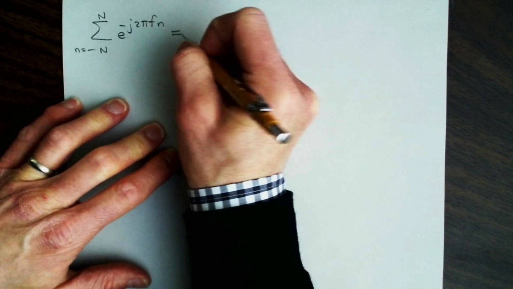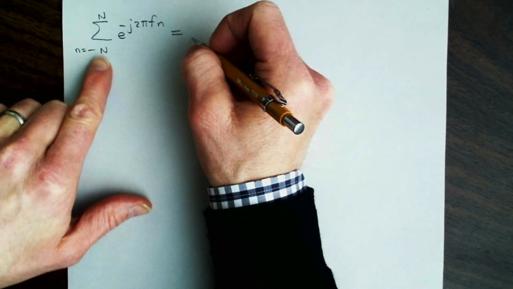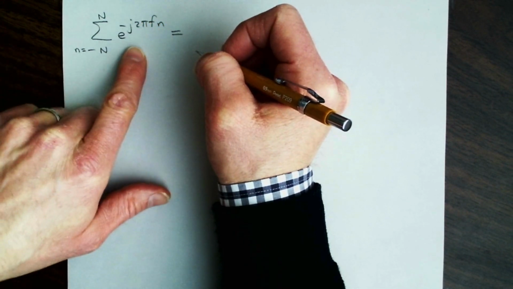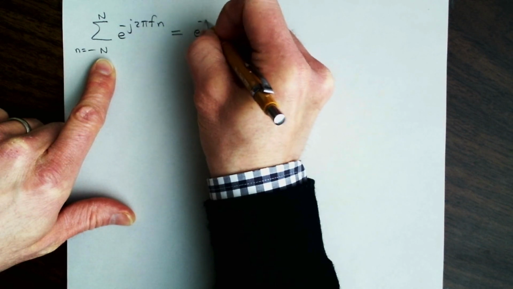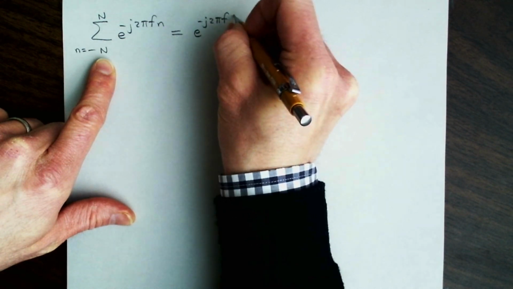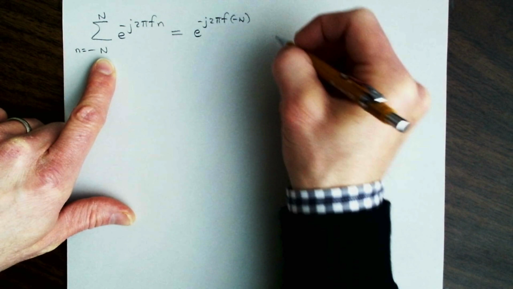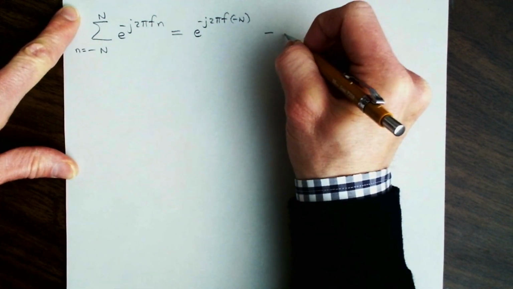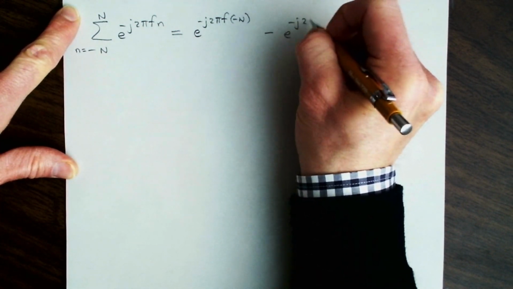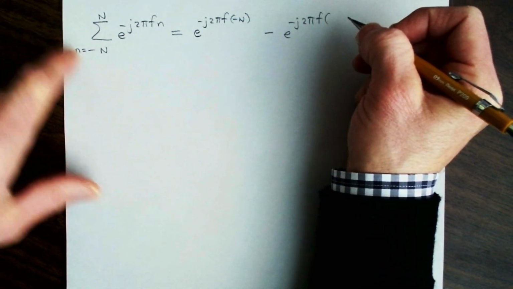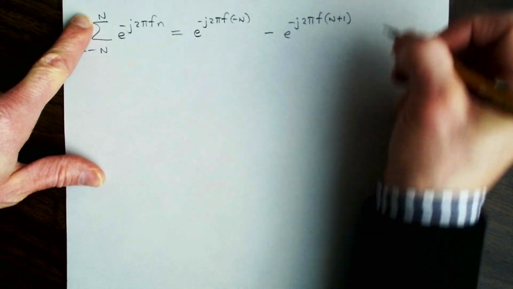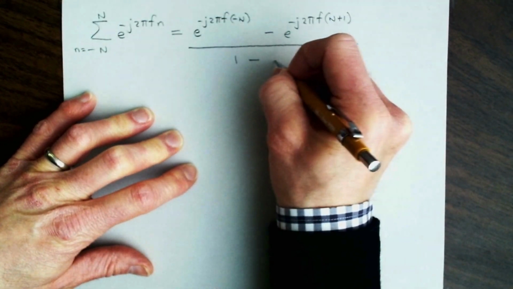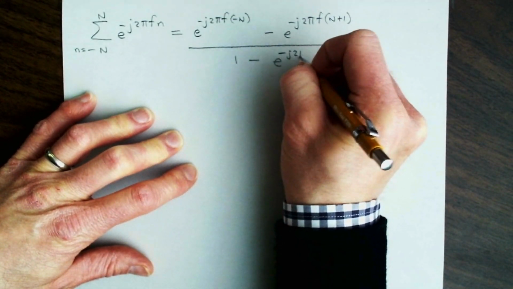Using the formula that we just learned, we evaluate this exponential function at the lower limit, so we have e to the minus j 2 pi f of negative n. Then we'll subtract that from e to the minus j 2 pi f, and now we're going to add 1 to the upper limit and write that there. And then in the denominator, we have 1 minus e to the minus j 2 pi f.